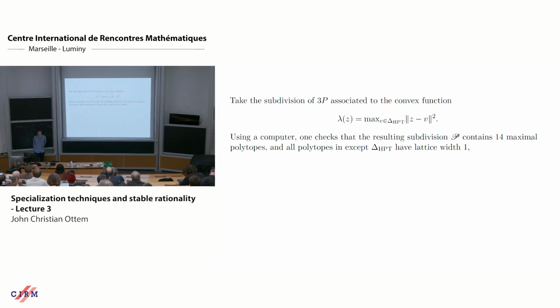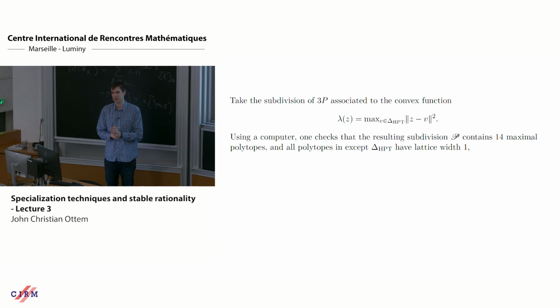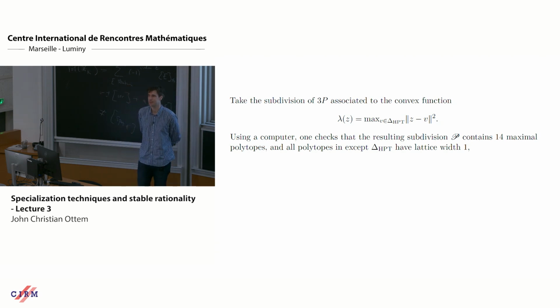So I do think this is quite a useful method. The whole point is that you can deduce irrationality results in smaller dimensions to get irrationality results in higher dimensions. So I think there are more applications of this technique in the future. Okay, so I'll stop there. Thanks.